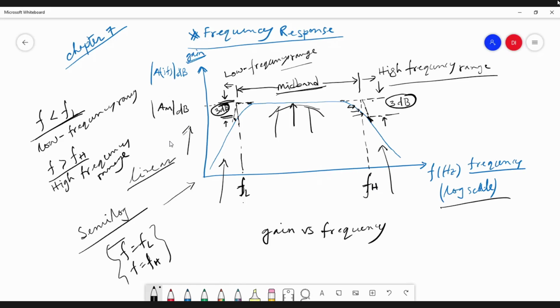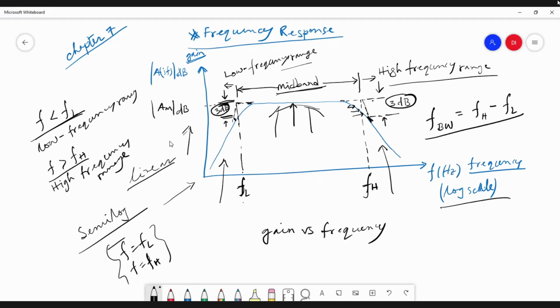The difference between high frequency and low frequency is defined as the bandwidth, called FBW. Bandwidth equals FH minus FL. This is the bandwidth of the amplifier.